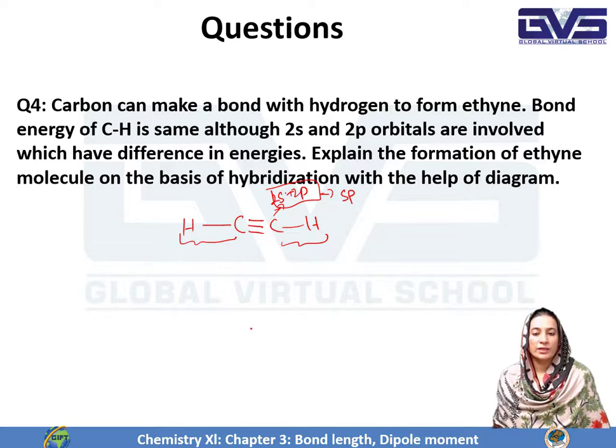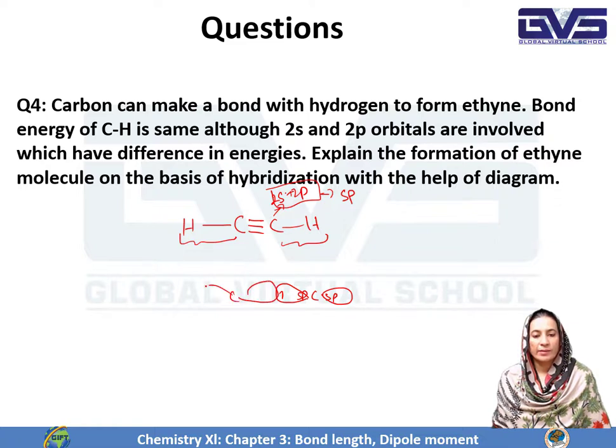To explain the formation of ethyne, you have to explain that there is an sp orbital on one carbon with one electron, and similarly the second carbon also has an sp orbital with one electron. The first bond forms between sp and the s of hydrogen.